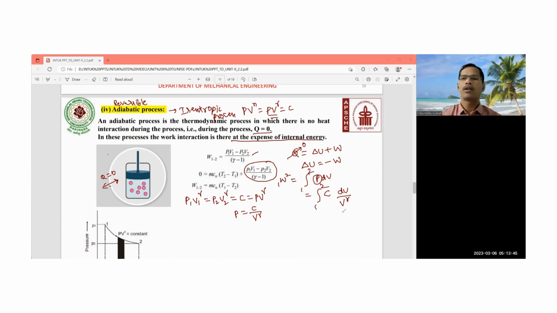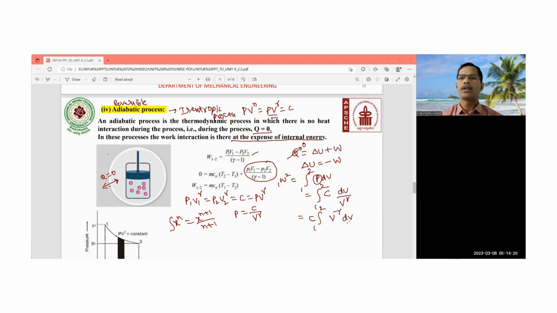The integral of x to the power of n is x to the power of n plus 1 by n plus 1. Strong mathematics, either differentiation or integration, has to be applied here. So it is written as the integral from 1 to 2, constant taken out, V to the power of minus gamma dV.